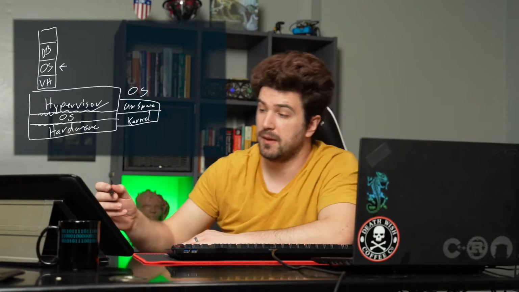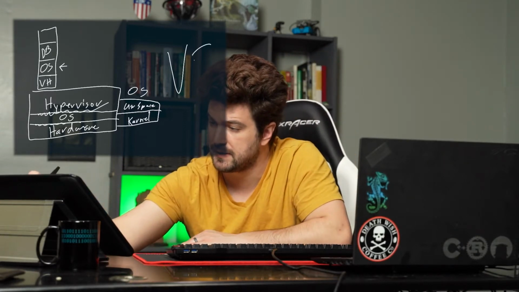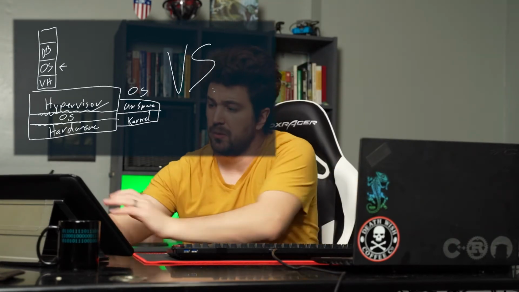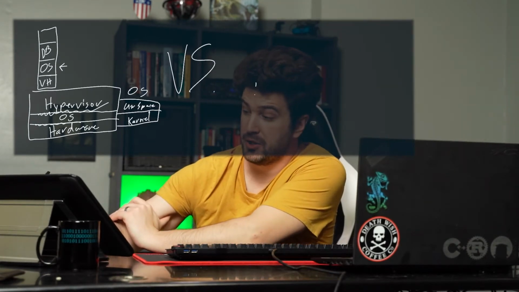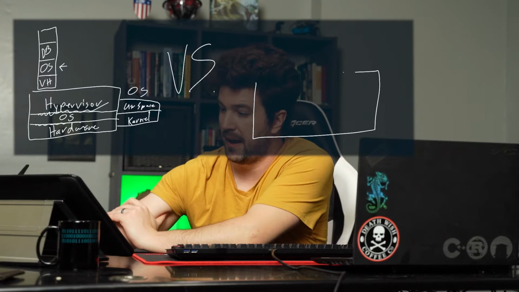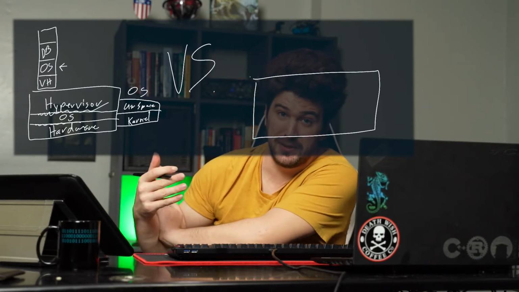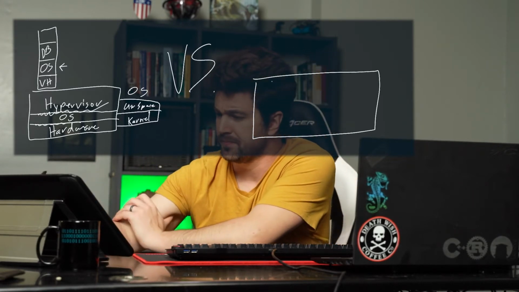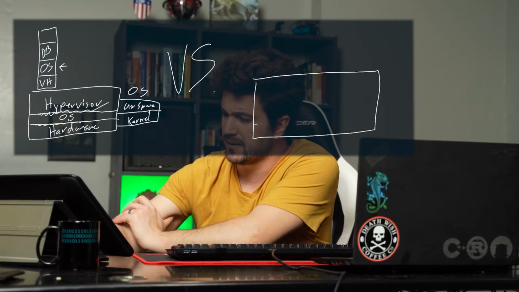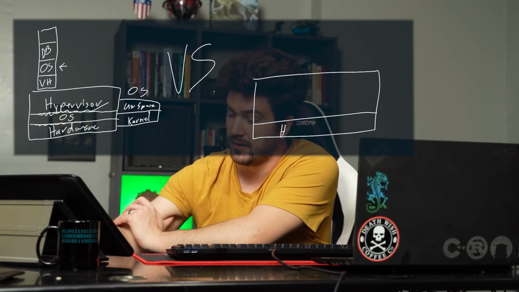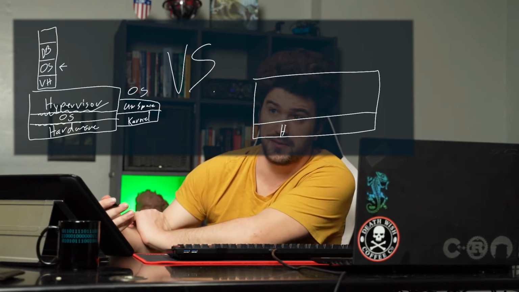Now, let's put that against the container model. We still have our base machine here. Now, this base machine could be a VM if you wanted it to be. And it still has its hardware. If it's a VM, it would have its virtual hardware.